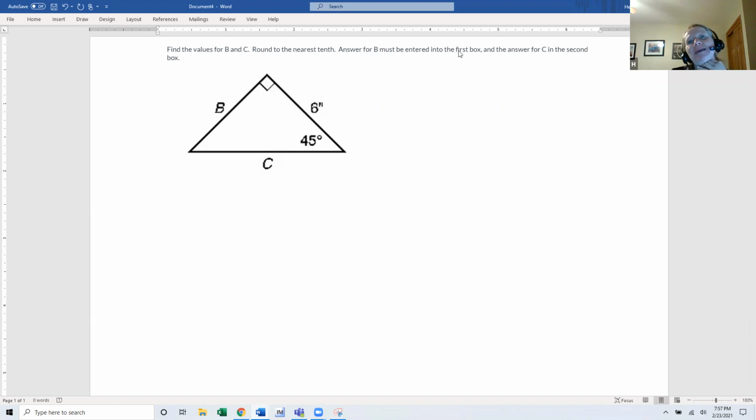The answer for B must be entered into the first box, and the answer for C into the second box. So this is one of those multiple answer questions. We're trying to find B and we're trying to find C. Unlike the last problem, it's not asking us to find any angles. We're just trying to find side lengths.